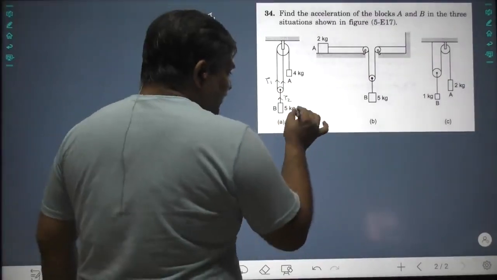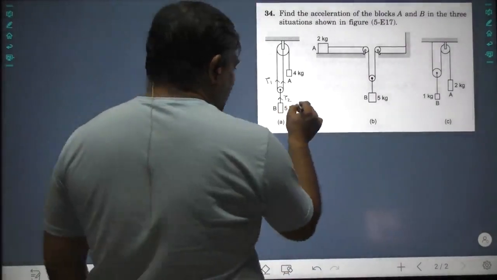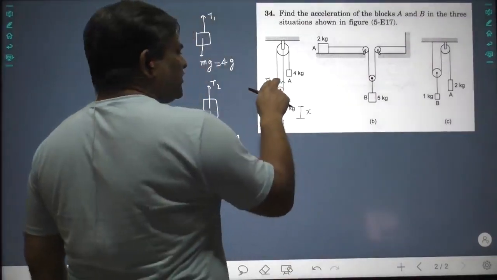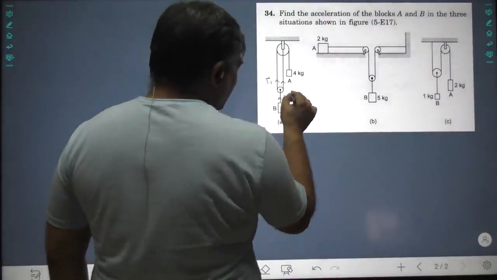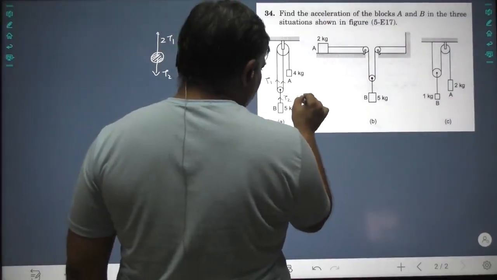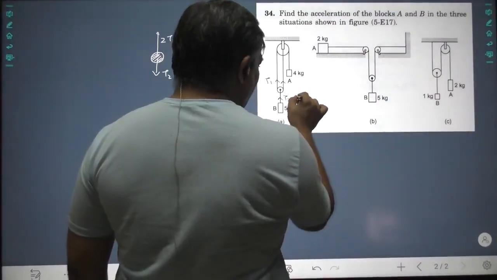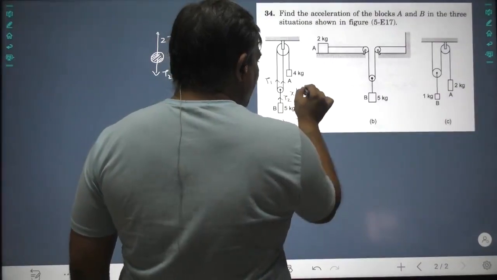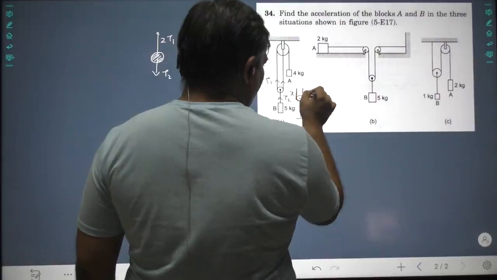Now if the 5 kg object moves x units downward, then both these strings must move x units. That means this pulley comes down, but to move the pulley x down, here also x length of string is required. Here also x length of string is required.